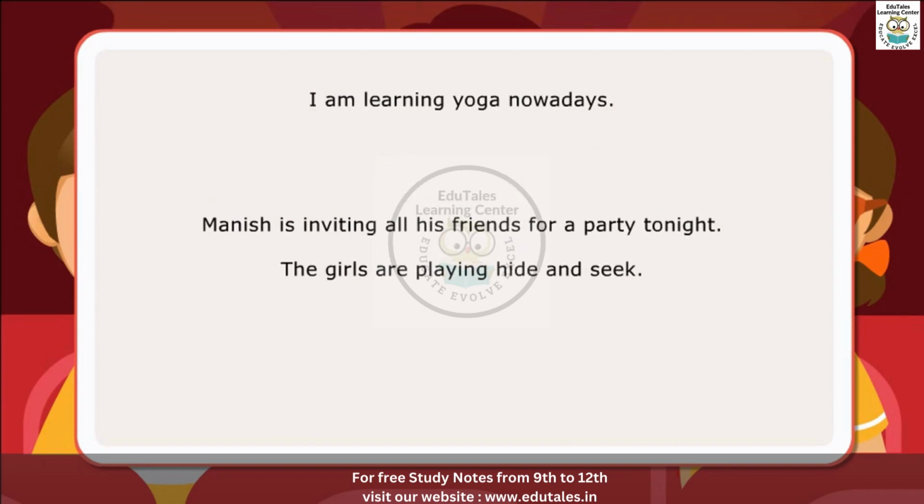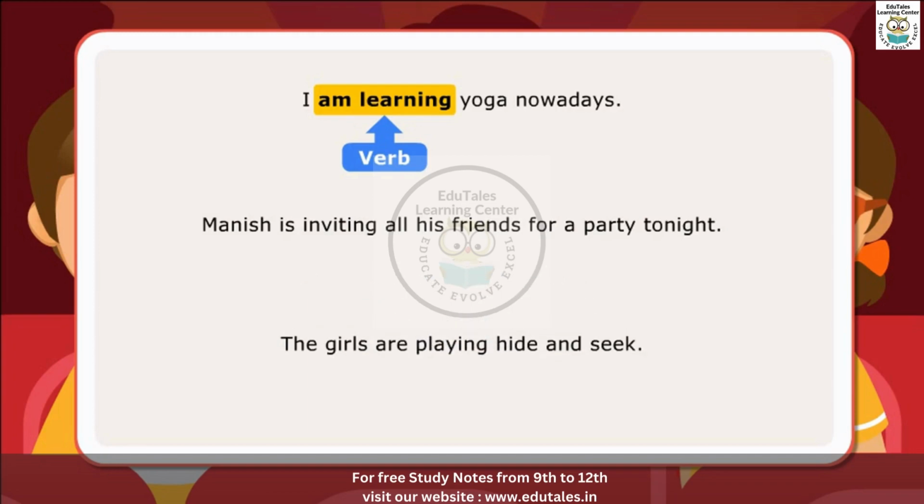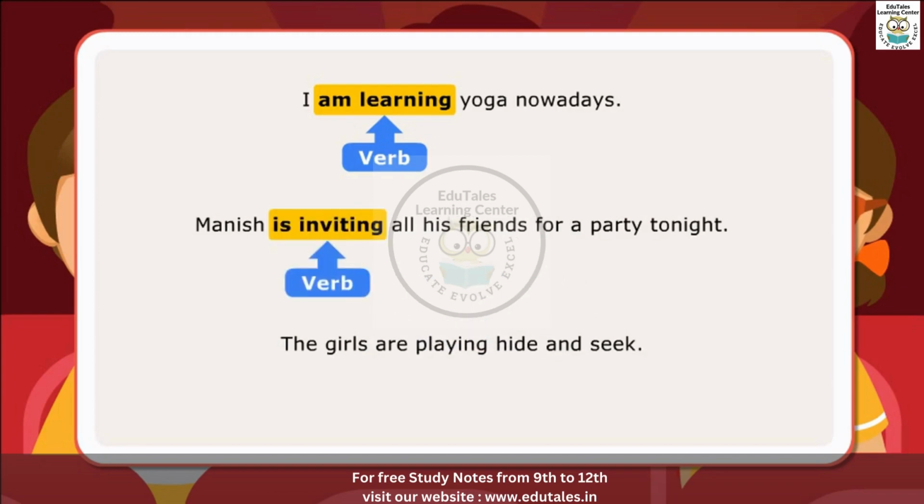In the first sentence, the verb am learning gives information about an action going on for some days and is present progressive tense. In the next sentence, the verb is inviting is present progressive tense as it tells about an action that has already been arranged to take place in the near future.